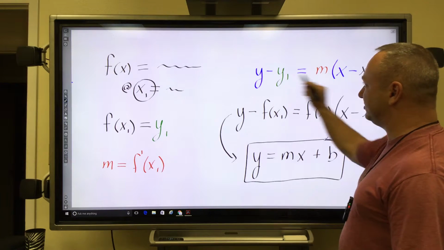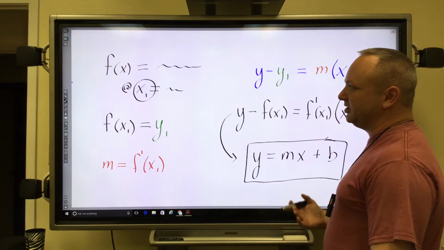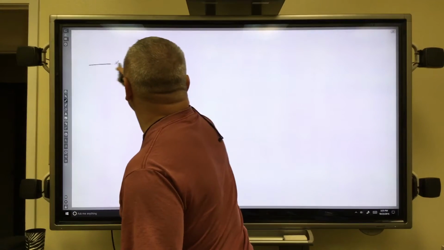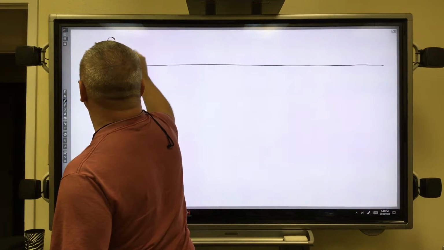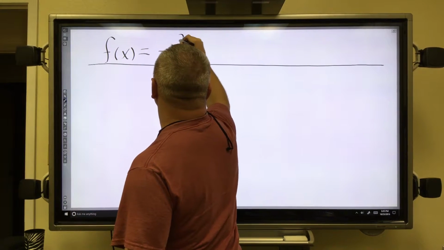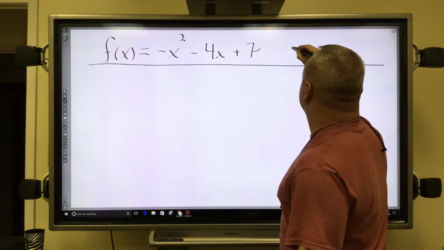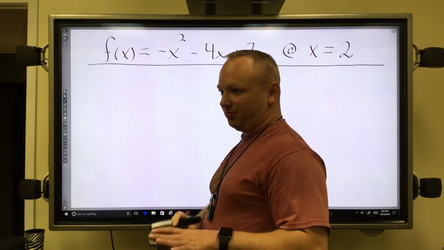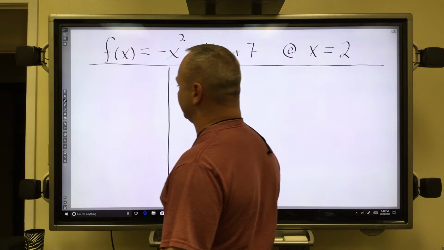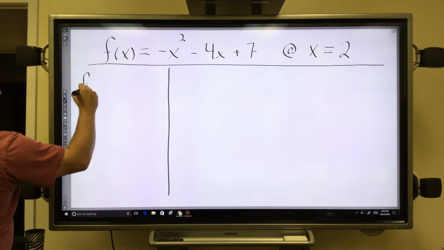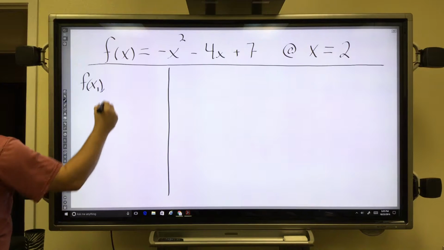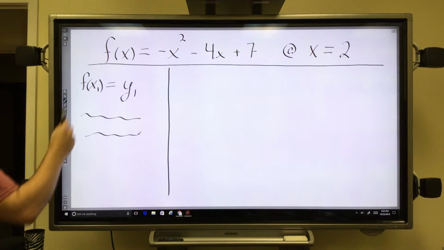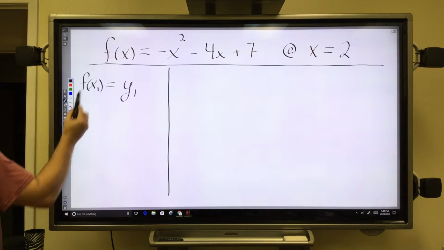But you have to use this equation to do it. So what I recommend every time you start a problem like this is you give yourself three columns. You'll have your main function, like f of x equals negative x squared minus 4x plus 7 at x equals 2. The first column is f of x1, which equals y1, and you solve it by putting in 2.